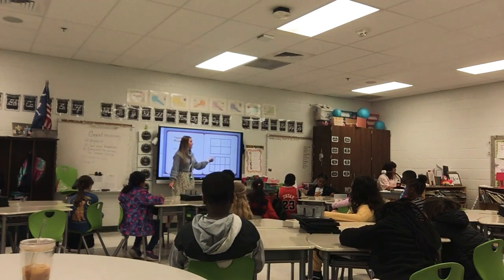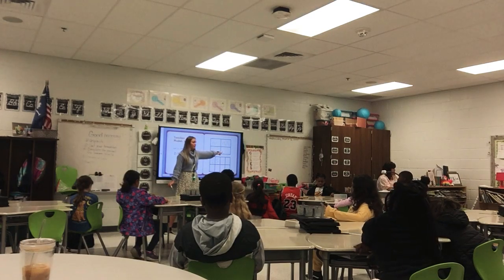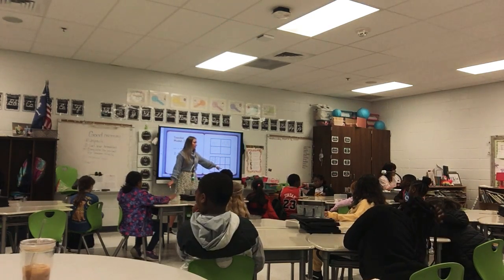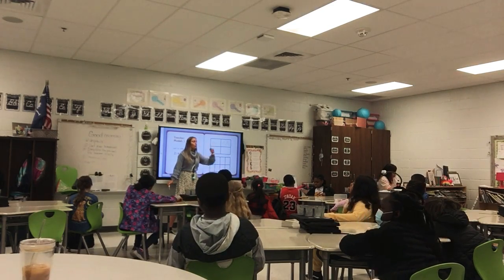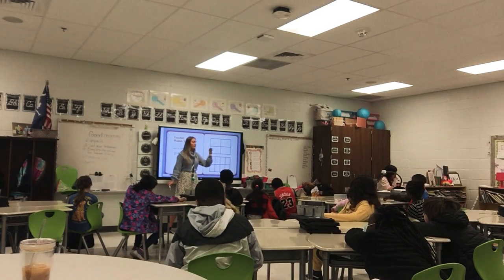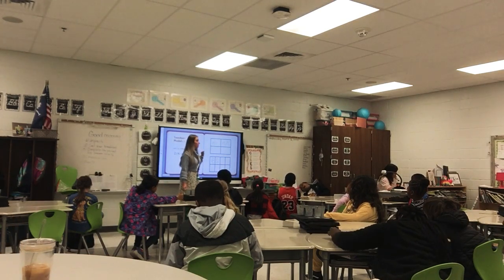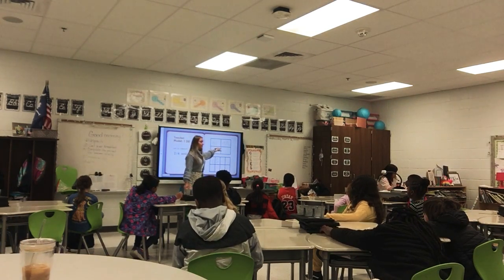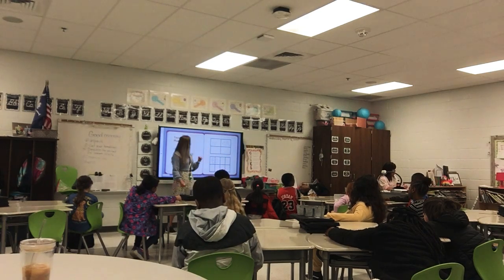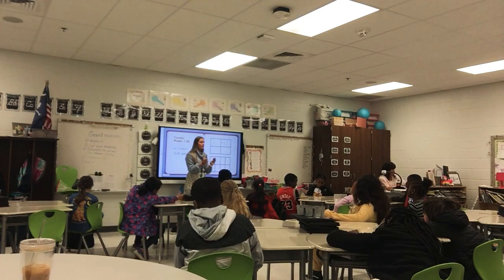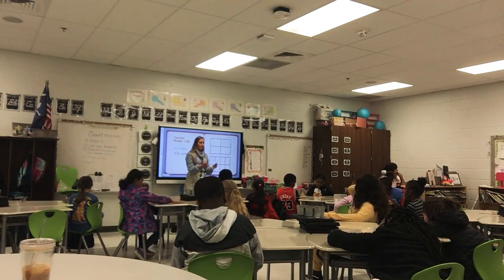Both have 2 pieces, but this one only has 2 pieces left to color, right? How many does this one have left to color? 6. So which one has less pieces left to color? The square with equal parts. Yes, okay. So, because it was broken down into less parts, there are less pieces left to cover. Okay?